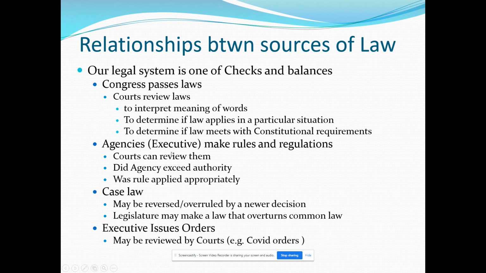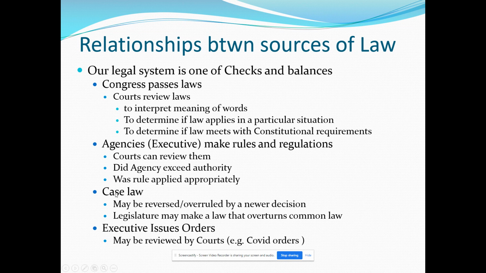Okay, so then the agencies, that's an executive branch. They make rules and regulations. EPA says emissions can be blah, blah, blah, or the IRS implements tax codes. Courts can review agency rules and regulations and make sure that they don't exceed the authority granted to them, and make sure they were applied appropriately to the person they were applied to.